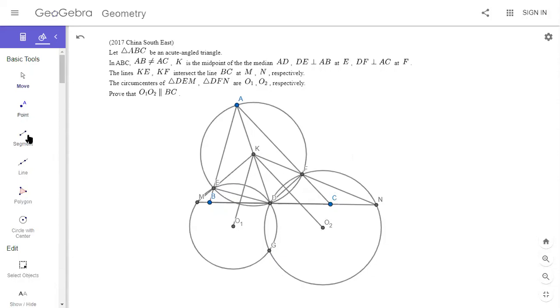So KO1O2 is half of angle EO1G, which we can write in terms of EDG, right?